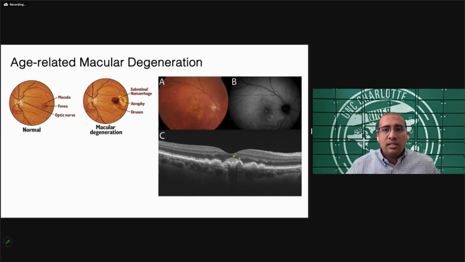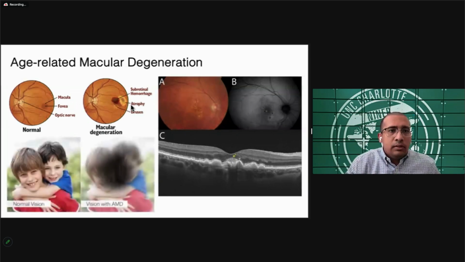That's why AMD is prevalent in American and European countries, and nowadays it's showing its prevalence in Asian countries as well. AMD causes manifestation of pathologies like drusen and fluid formation, and that affects the macula, which is the center of our eye. And this is what the vision of a person with AMD impairment looks like.